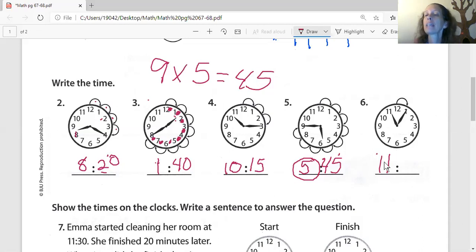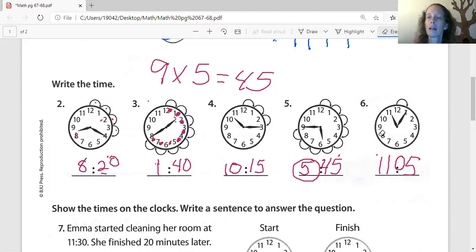How many minutes? 5. 11:05. But here's the deal. You can't just say 11:05 because that's not written right, is it? How do I write this? 11:05. Yes, sir. Maybe I better erase it. That's how you write time. 11:05. Okay?